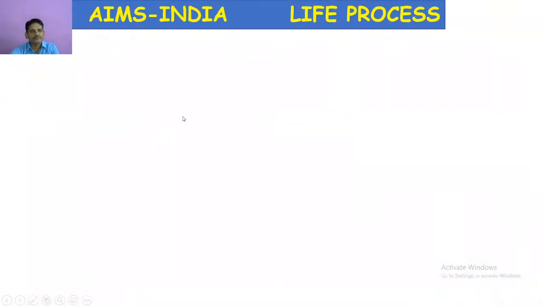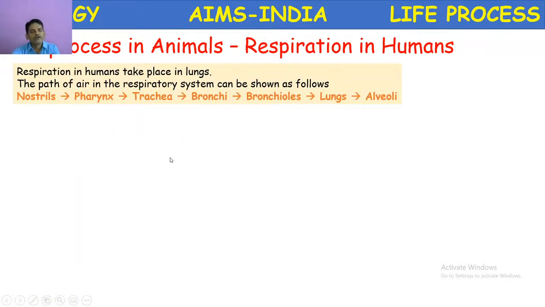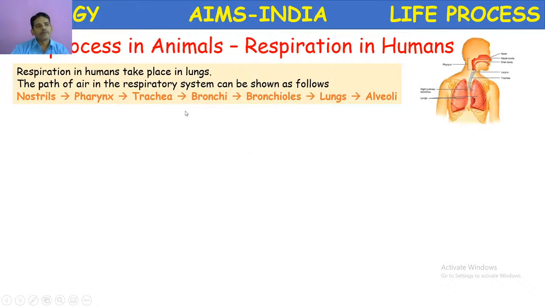Next, the concept of respiration. Respiration in humans takes place in the lungs, called pulmonary respiration. The path of air in the respiratory system can be shown as follows. Here, this is the respiratory system. The path consists of the nose or external nostrils, then the internal nasal cavity, which opens into the pharynx, then the windpipe or trachea.